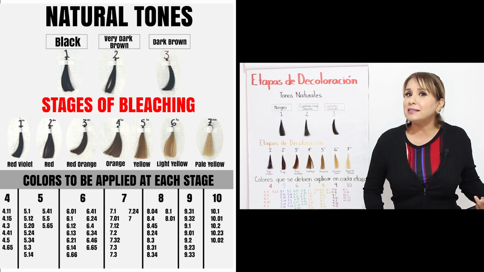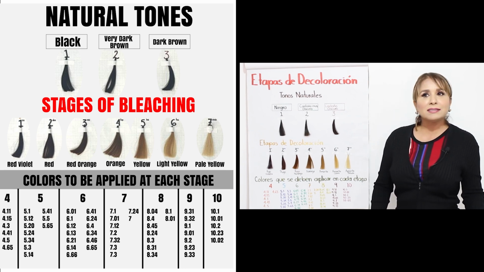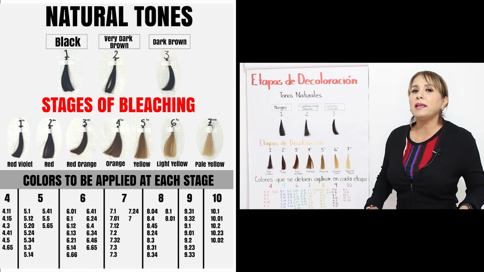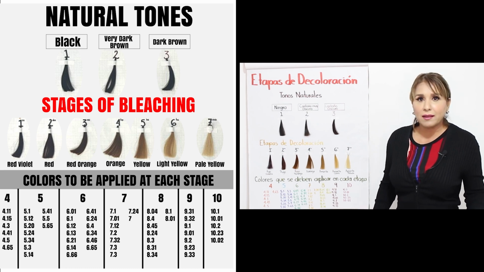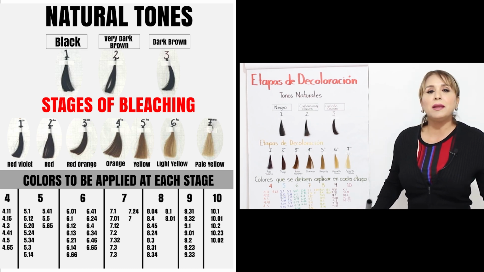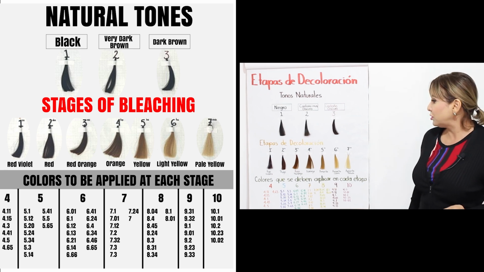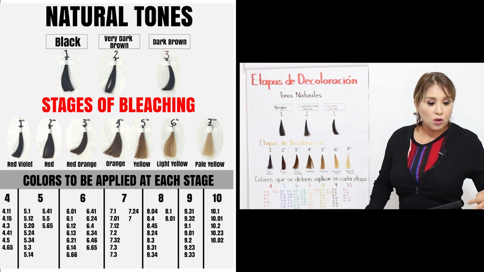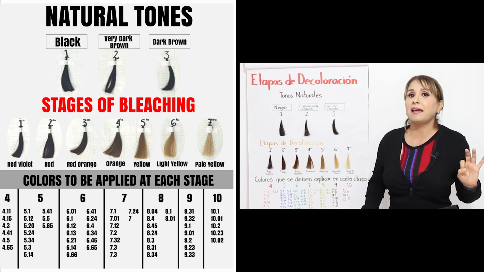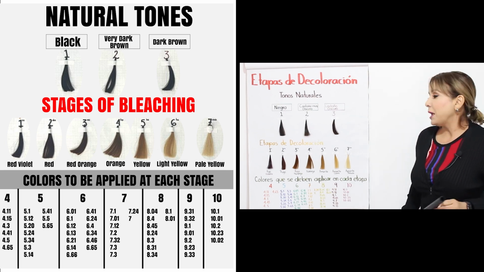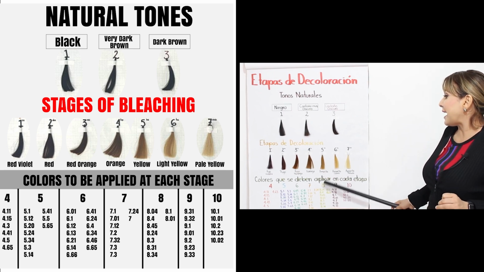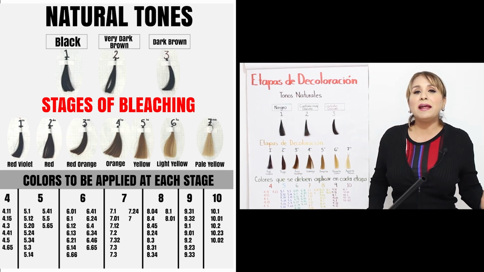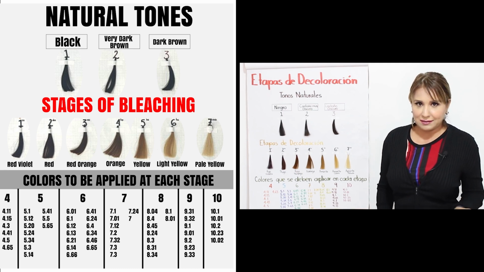I'm going to apply ashy dye, or others who are smarter apply even chrome green, and it turns out that in less than 1 or 2 minutes they get greenish hair, very unpleasant rat-like hair, because they wanted to neutralize the yellow with the green directly.